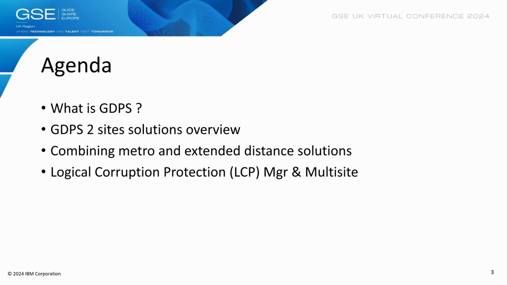So this solution combines metro and extended distance solutions. Then we'll spend some time talking about logical corruption protection. Some of you may have heard about the IBM Cyber Vault offering, and LCP, Logical Corruption Protection, is a key component of this solution. So we'll have a look at how LCP fits into the different GDPS topologies and what are the different business needs that it addresses.